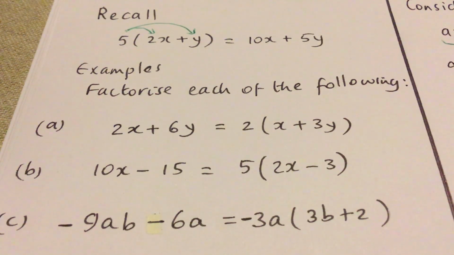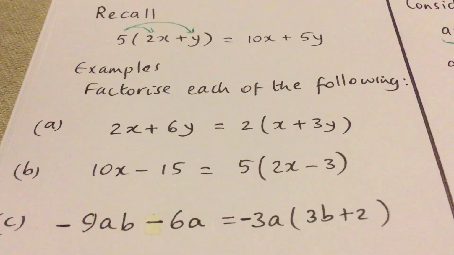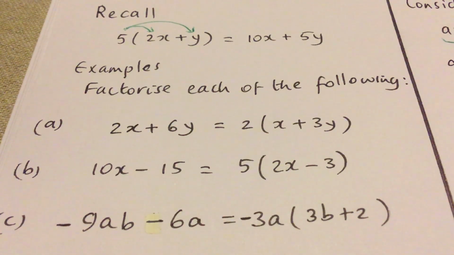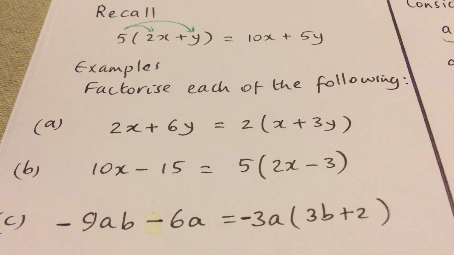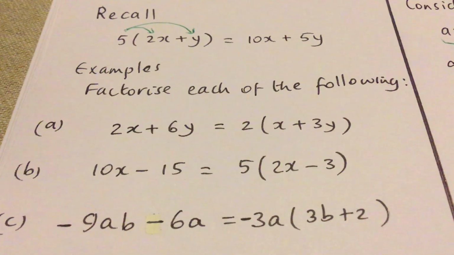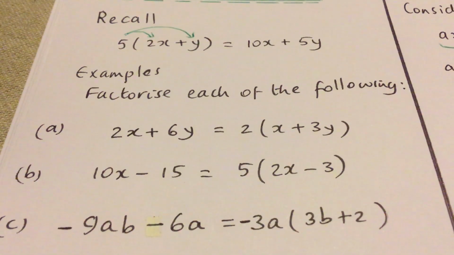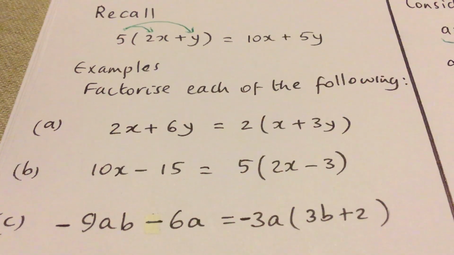They're both divisible by 3, so we write 3 outside. 9ab and 6a both have a's, so we write a outside, and then you again ask questions. Negative 3a times what will give me 9ab? That should be 3b. And negative 3a times what will give me negative 6a? That should be plus 2.